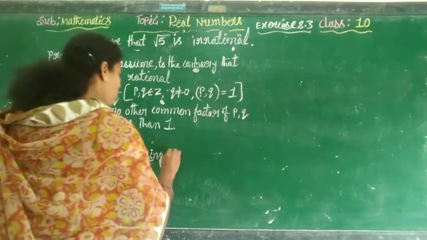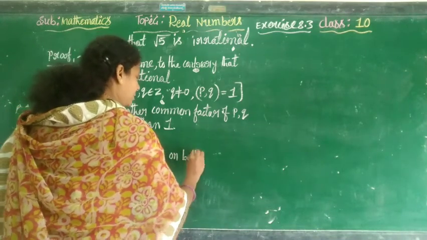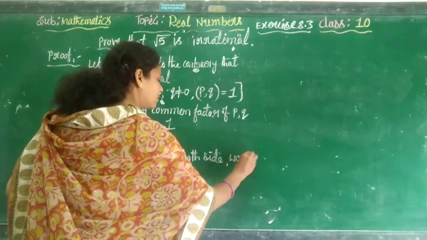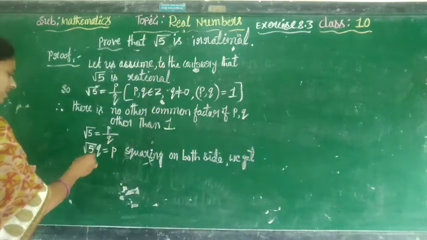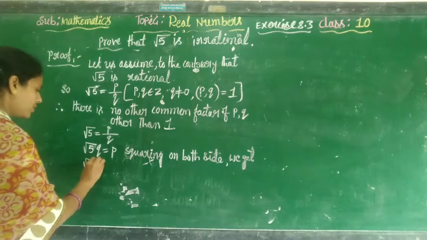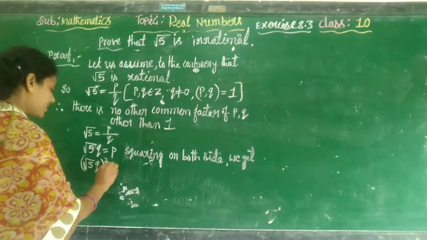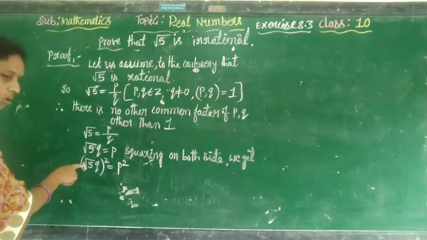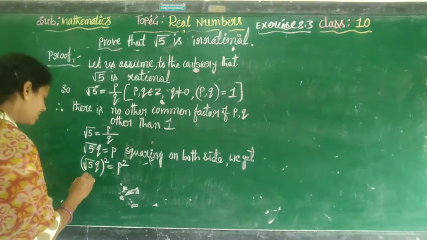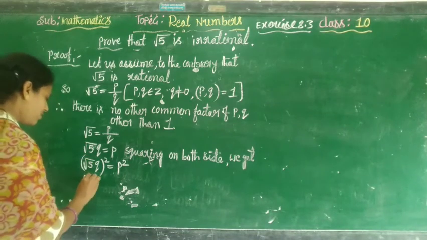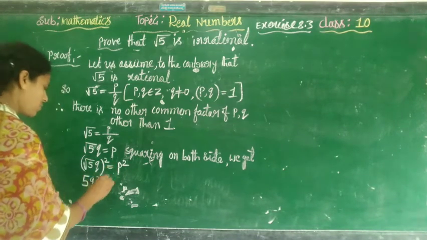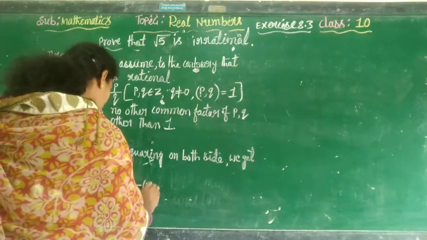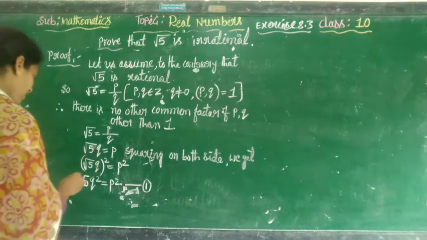Squaring on both sides, we get, you observe carefully, root 5 q whole square is equal to p square. Squaring on both sides, square root cancel, the remaining number is 5, q into q, q square is equal to p square. Equation 1.